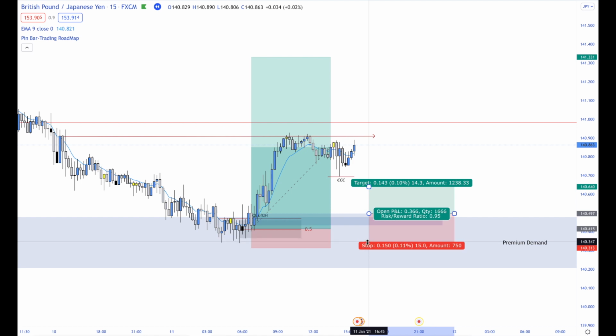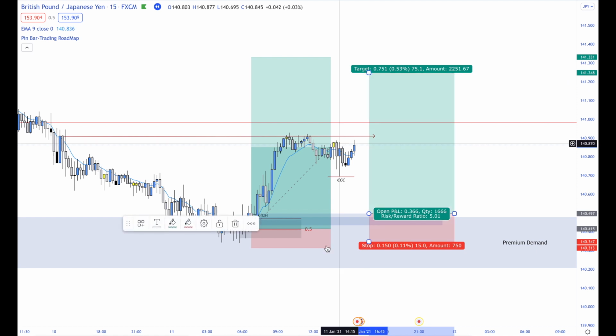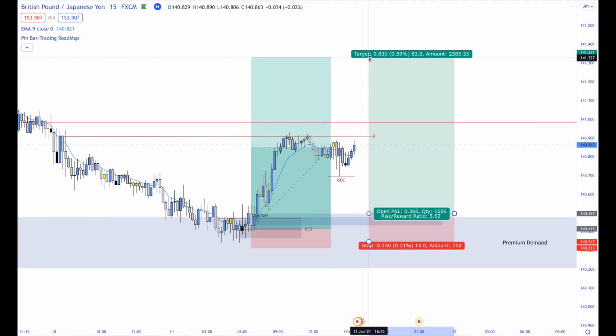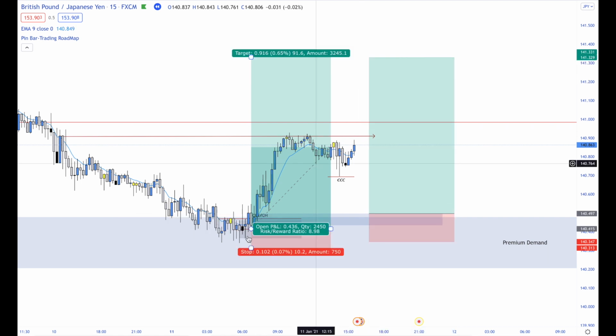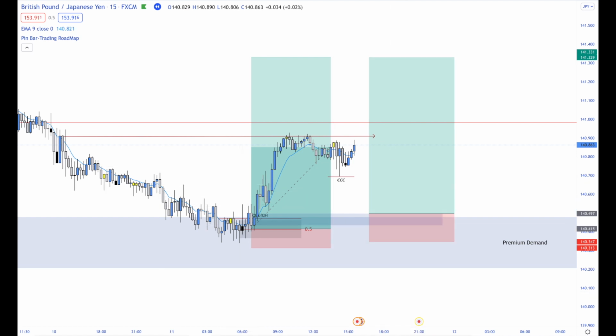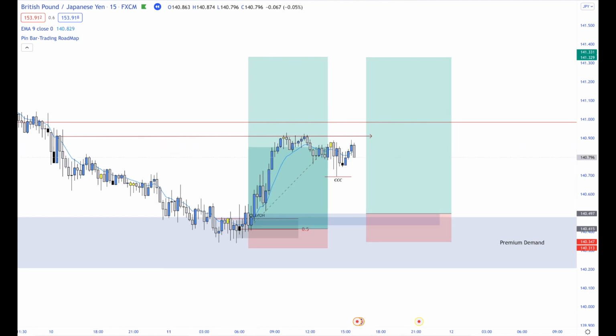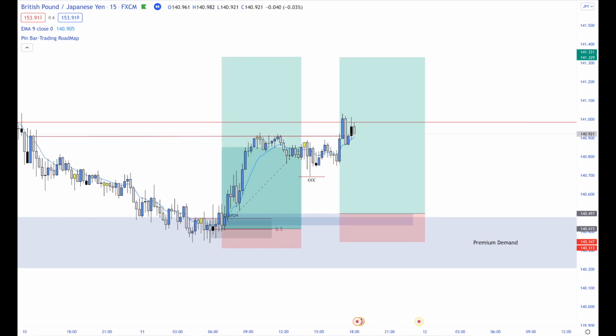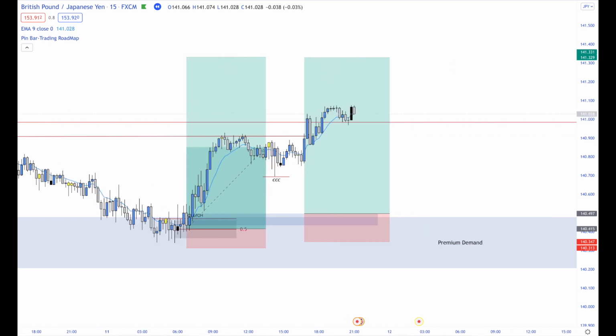I'll go for a 15 pip stop loss, but I'm risking half of what I risked in this trade, just so we stay in profits if we lost both trades. So this is 9% and this would be about 3%. Let's go ahead and see what happens. So we can see price mark up towards the upside.